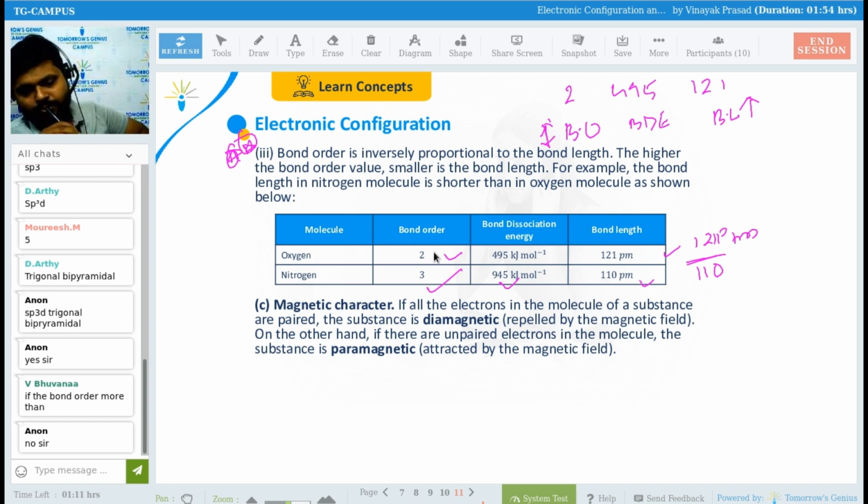What is the relation between the bond dissociation energy, bond length, and bond order? If the bond order is more, then the bond dissociation energy will also be more. If the bond dissociation energy is more, then the bond length will be less. Yes. So there is a relation between all three, right? Atashaya, can you please explain once again what is the relation between bond order, bond length, and bond dissociation energy?